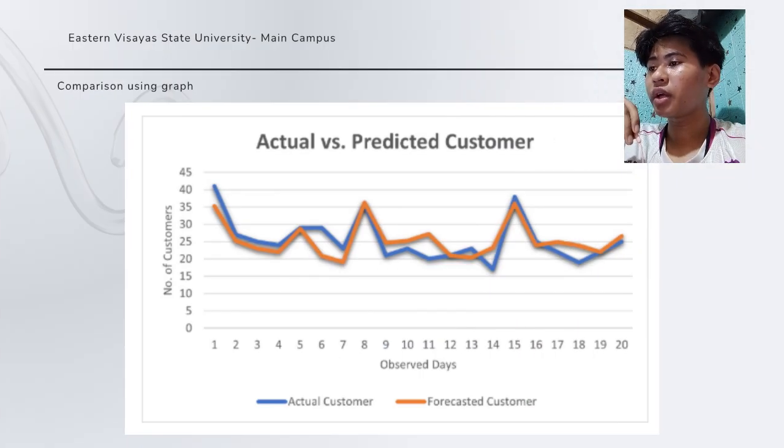And for our comparison graph, this visually compares the actual and the predicted customer demand over the 20-day observation period. The close alignment between the two lines indicates that the model was able to closely track the actual customer traffic pattern with only minor deviation.